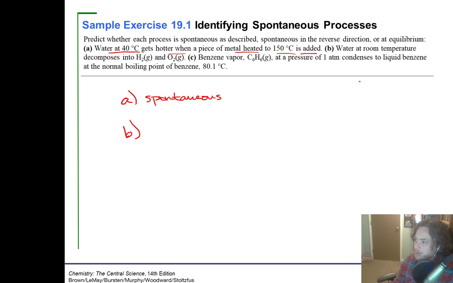All right. Part B says water at room temperature decomposes into hydrogen and oxygen. Well, I've never seen that happen, right? If I've got a bottle of water out here on my desk, it is not bubbling into hydrogen and oxygen. If I want this reaction to occur, where my water turns into H2 and O2, I would have to run electricity through it.